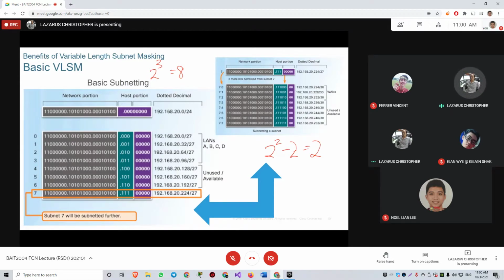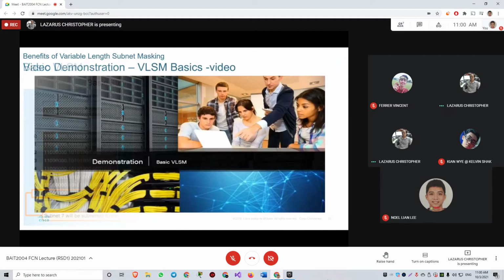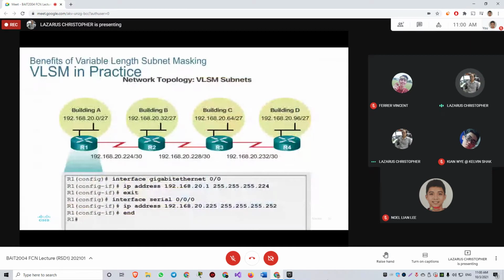Okay, but in the real world, because you are the one designing and nobody is telling you anything, you have to decide which one you want to assign. Right. So once you assign, in your documentation you assign already a table. Then it's time to configure.